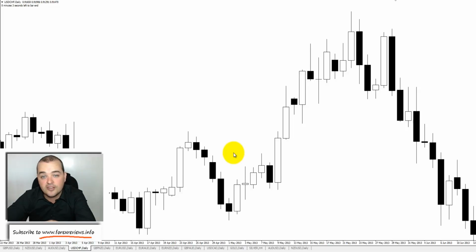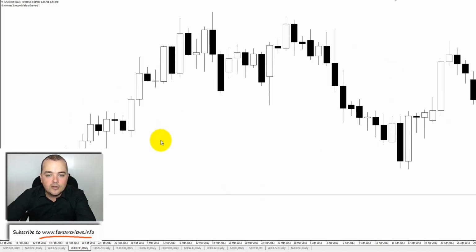When you combine that with an engulfing signal, you have a very high probability trade on your hands. So we can keep going along. Bearish engulfing, price breaks below, market goes down.